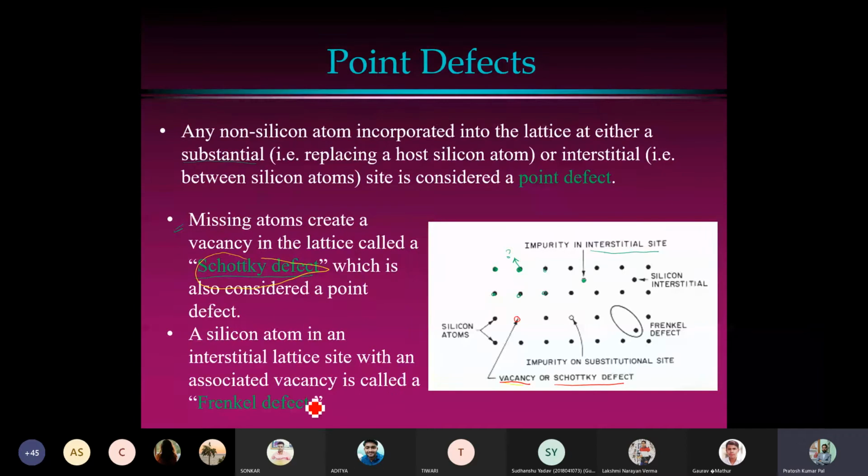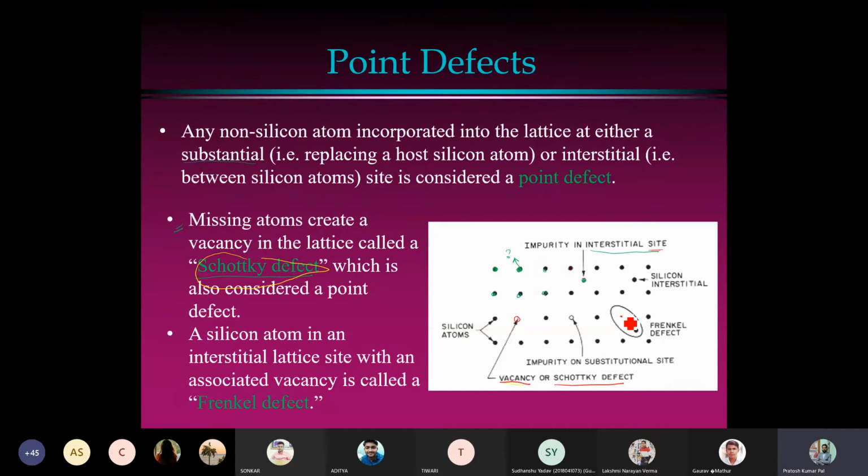The interstitial site is any location other than where the silicon atom should be. So the silicon atom has been removed from its position and is present in the interstitial space. This defect is called a Frenkel defect.